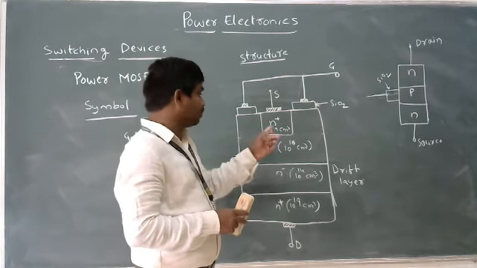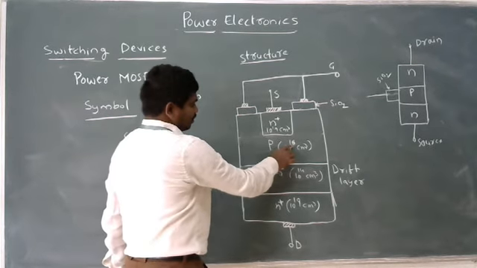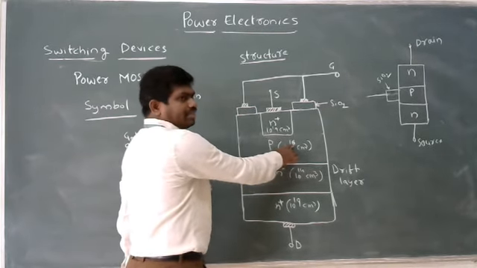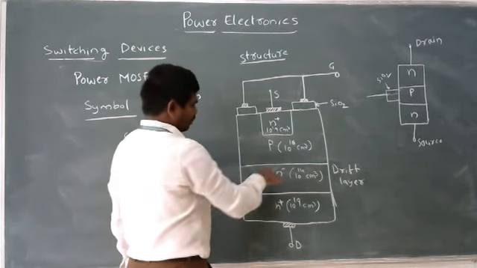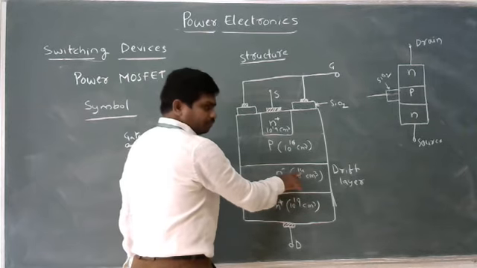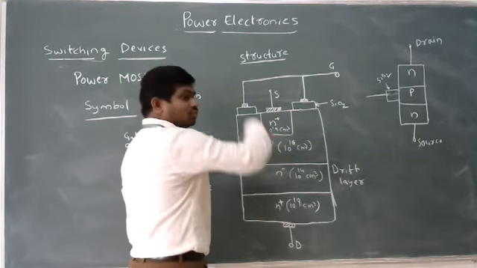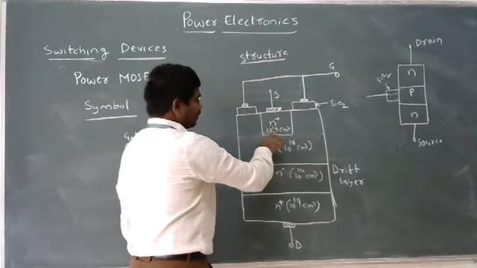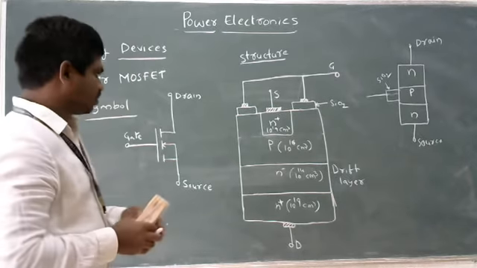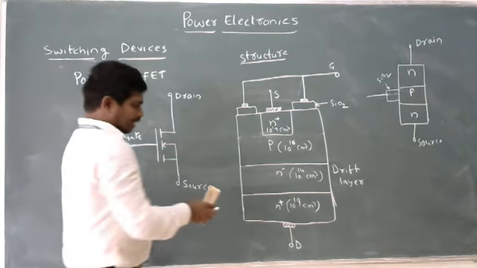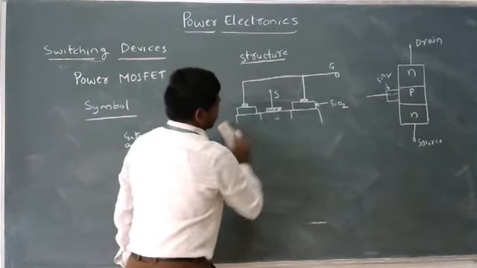If it is highly doped, it increases three numbers, to 10 power 19. Like that, you can easily remember the structure of every switching device. So next we will see the working of the power MOSFET.